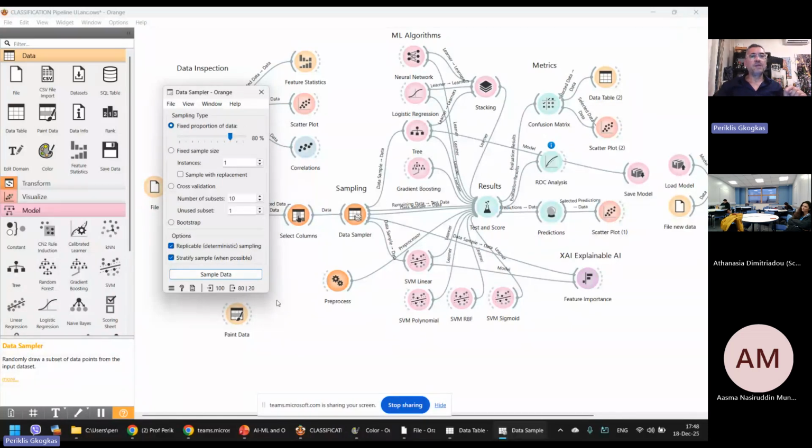Another important option is to select to stratify the two samples. This here. To stratify means that we keep the same proportion of zeros and ones, so good and bad customers, in both the training and the validation set.